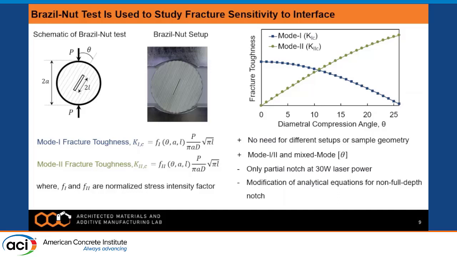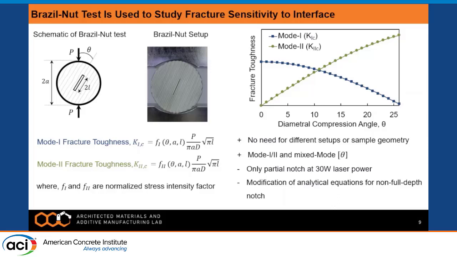One of the advantages of this test is that with the same testing setup and sample, we can test either mode 1 fracture toughness or mode 2 fracture toughness as a function of the diametral compression angle theta. As you can see in the plot, at theta equal to 0 degrees, the crack tip was in mode 1, and at 26 degrees the crack tip is entirely in mode 2.